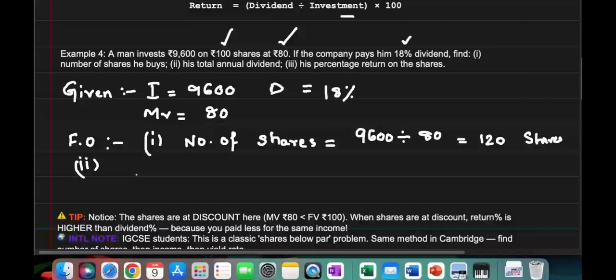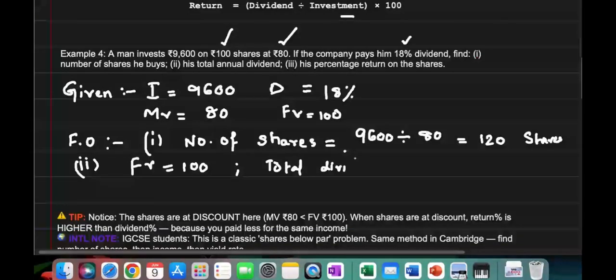Second, total annual dividend. How much dividend will he get? It will be on the face value, right? So the face value is rupees 100, which is given, and the dividend percentage is 18. So for one share he will get 18 rupees, because the face value is 100.